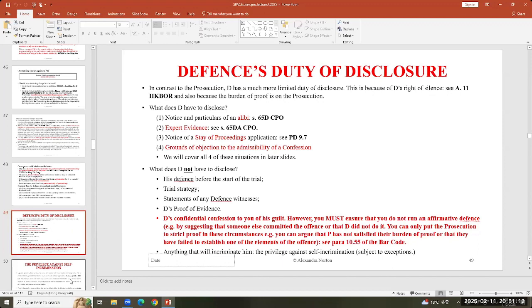And if your client confesses to you that he has committed another offense or is involved in something he shouldn't be, it's only in very limited scenarios, like where there's some kind of danger, threat to life, that you are obliged to reveal that information. You don't have to reveal that he's committed other offenses that the police or the prosecution don't know about.